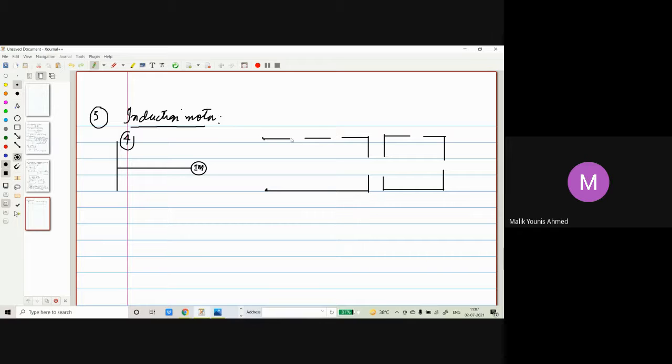So this is your resistance, reactance, primary side, secondary side, and this is JX2, R2, JX1, R1.